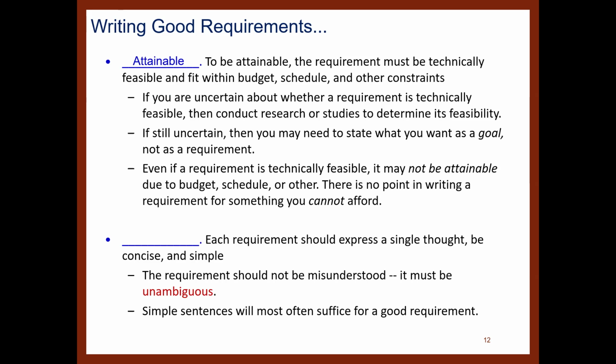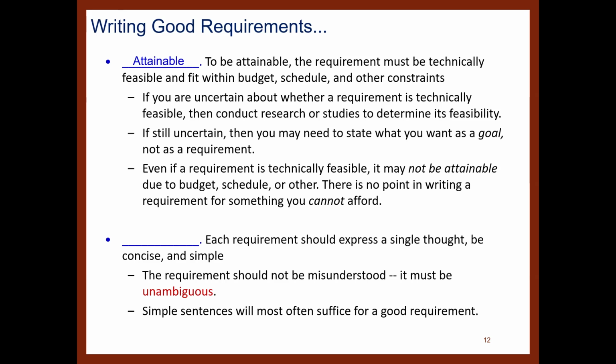You have to do a little bit of research on a technology to do, let's say, one piece of your system that you are trying to incorporate. If still uncertain, then you might need to state what you want as a goal, not as a requirement. Even if a requirement is technically feasible, it might not be attainable due to budget, schedule, or order.